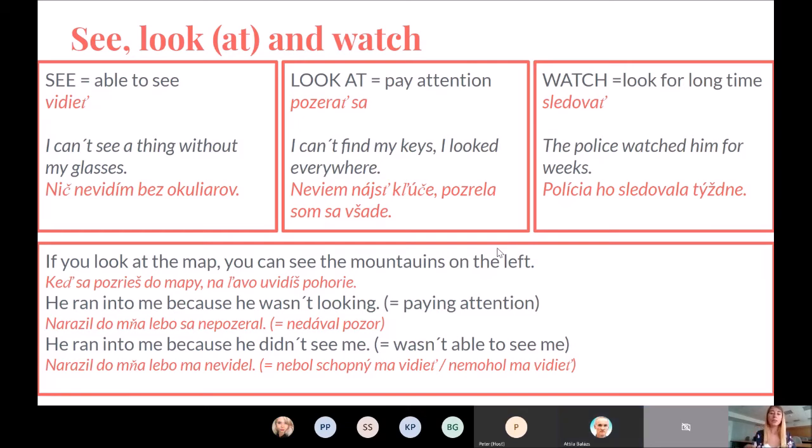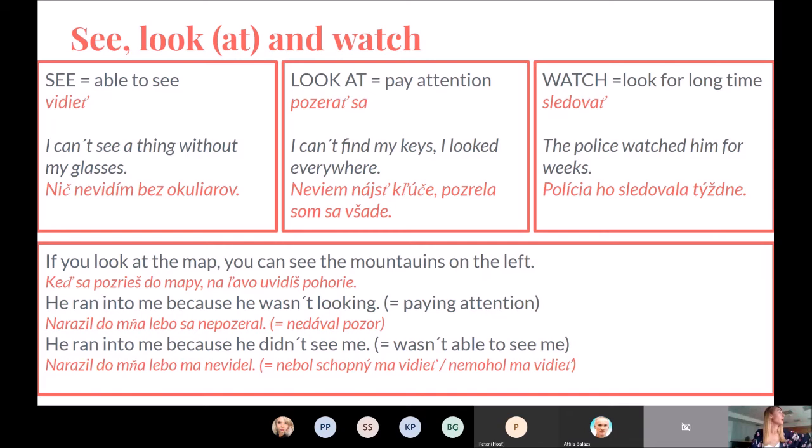There is a big difference between the second and the third example sentence, because if I say he didn't see me, he wasn't able to see me. Okay, maybe he was behind the wall or behind the corner. So there is a big difference I want you to understand between he ran into me because he wasn't looking.